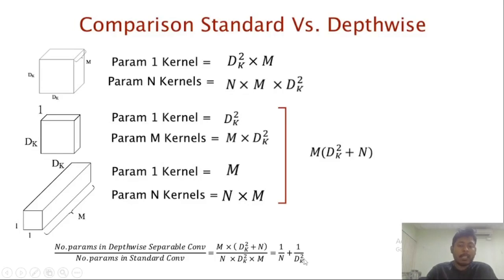So we can see that the depthwise pointwise convolution is actually reducing the number of parameters, whereas in normal convolution there is an exponential hike in the number of parameters.